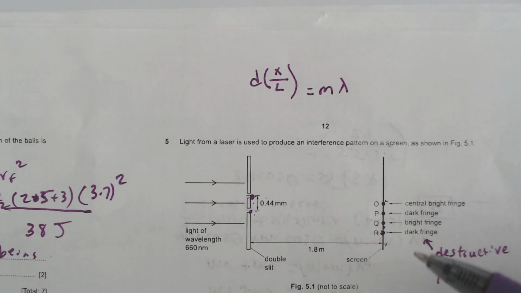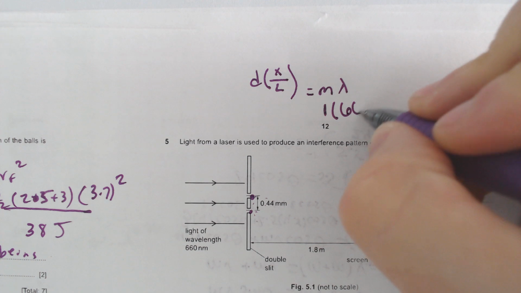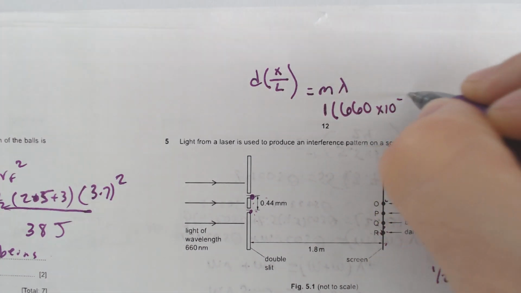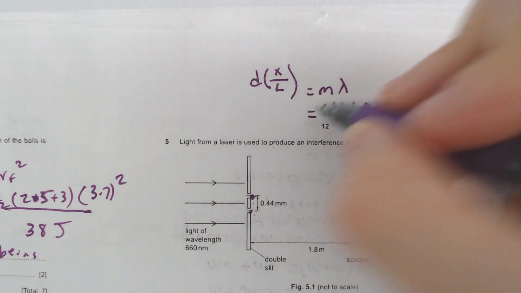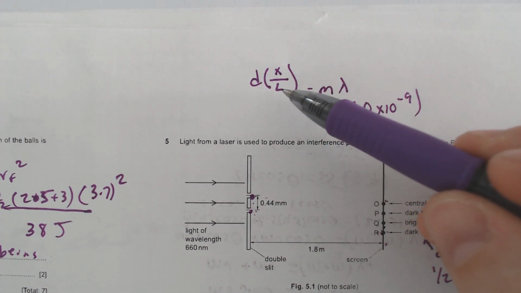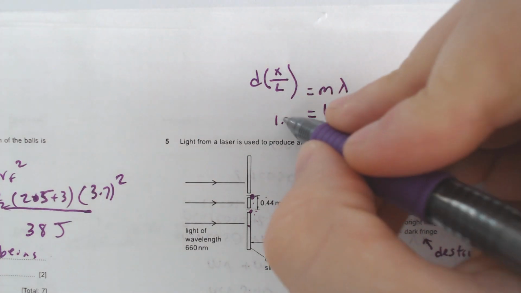We are one bright spot away from the middle, therefore m is equal to 1. We have 660 nanometers, so that's times 10 to the negative 9th. We have the distance L, how far away the screen is, which is 1.8.